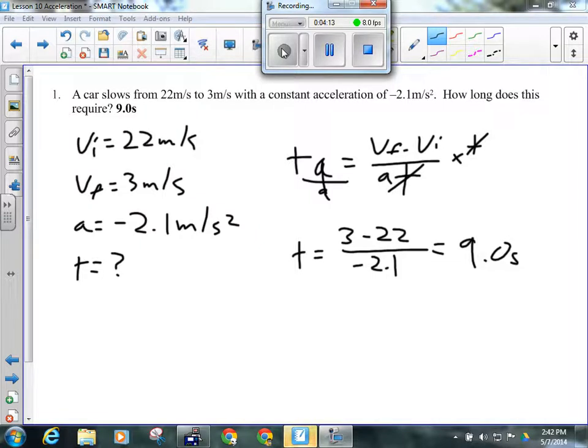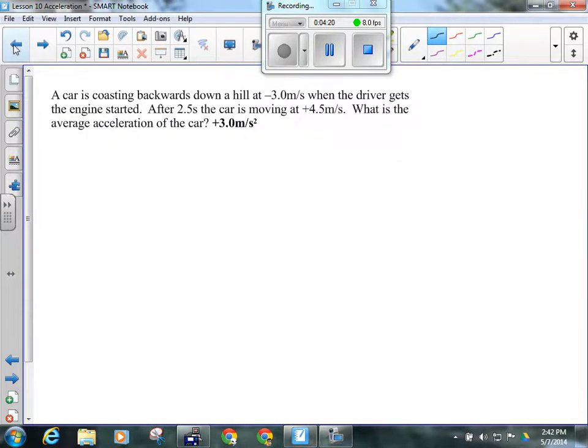Any other ones besides 16? 5? So a car is coasting backwards down a hill at negative 3 meters per second. That's VI.